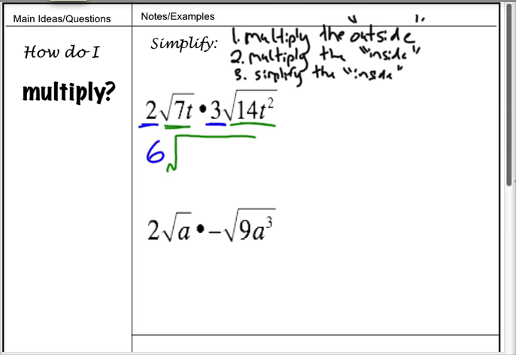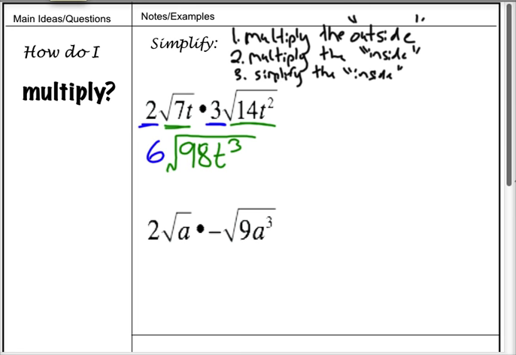So 7 times 14 gives us 98. t times t squared, 1 plus 2, gives us t cubed. So that's the first 2 steps. Multiply the inside and then multiply the outside.